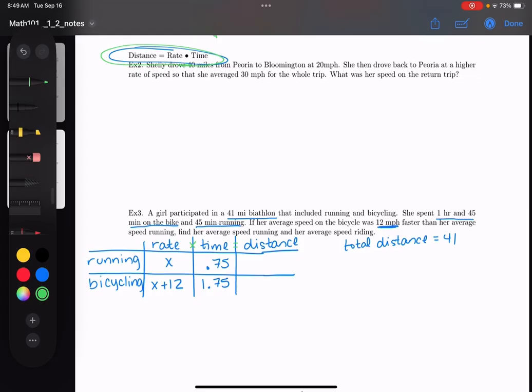And now from here, I'm going to fill out my distance. So rate times time equals distance. So for my running distance, I'll have 0.75x. For my bicycling distance, I'll have 1.75 times x plus 12.